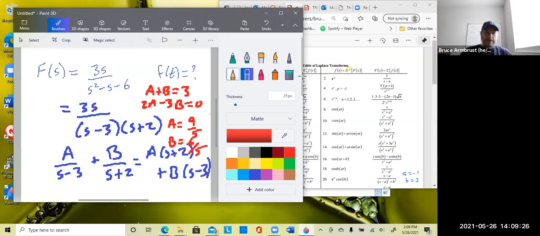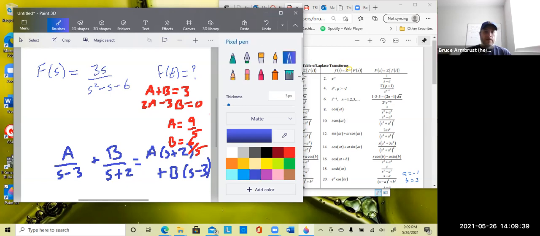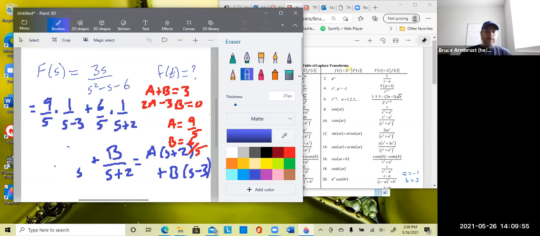So that means that if we come back here and we rewrite our f of s, that f of s equals 9/5 times 1 over s minus 3 plus 6/5 times 1 over s plus 2. So let me erase all this stuff because we don't need it anymore.